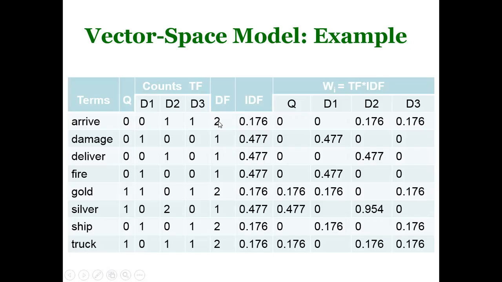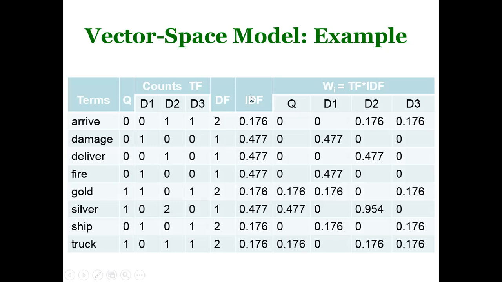So logarithm of 3 over 2 to the base 10. In the case of the inverse document frequency of damage, since the document frequency is 1, logarithm of the 3 total documents we have divided by 1, the document frequency of damage. So as the document frequency decreases, inverse document frequency increases.